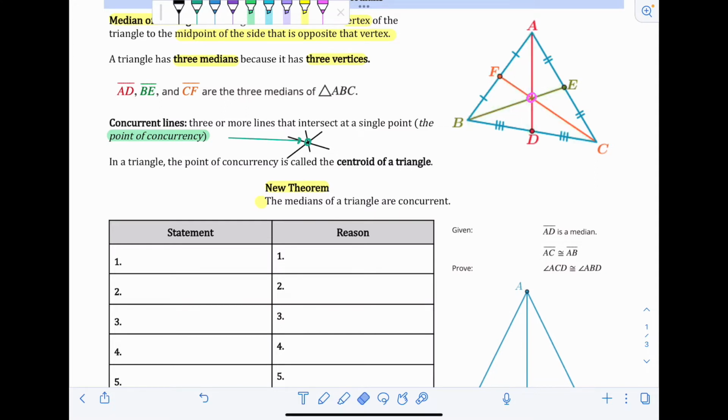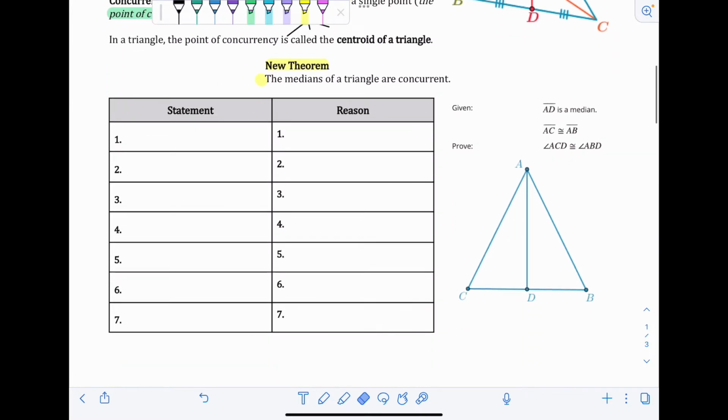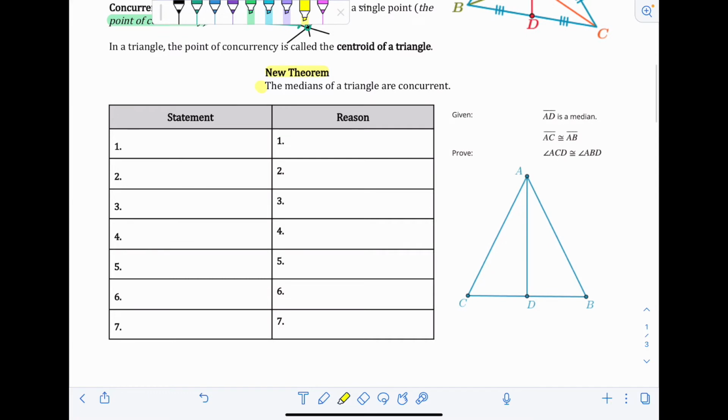Okay, we're going to move on to the proof. The given and what we're trying to prove is in the upper right corner now. Given segment AD is a median, so right here. We're also given that segment AC is congruent to segment AB. I'm just going to go ahead and add the tick marks to the graphic to remind us.